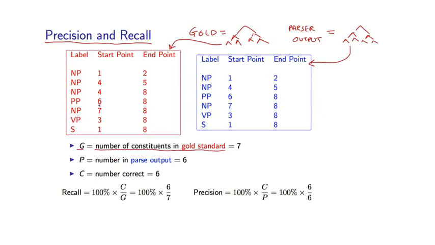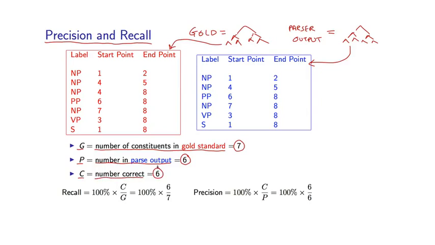In this case it's 1, 2, 3, 4, 5, 6, 7. And I'll define P to be the number of constituents in the output from the parser. In this case it's 1, 2, 3, 4, 5, 6. And finally I'll define C to be the number of constituents that are actually correct. In this case this is also 6.